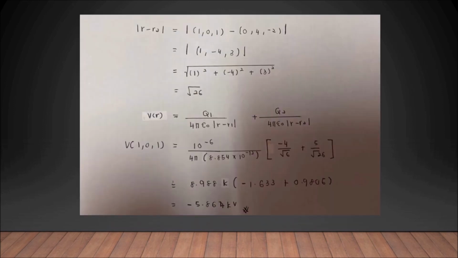For magnitude R minus R2, (1, 0, 1) minus (0, 4, -2), and the answer is square root 26. Formula potential V of R is equal to charge 1 divided by 4 pi epsilon naught magnitude R minus R1, plus charge 2 divided by 4 pi epsilon naught magnitude R minus R2. We need to replace the value of R with (1, 0, 1), and the answer is 5.864 kilovolts.